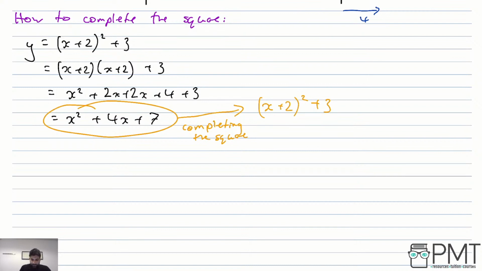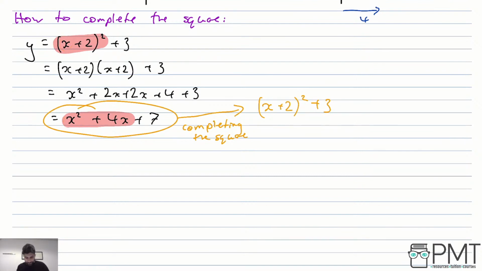To expand the bracket, I started with x plus 2, and if you compare this to this expression, you can see that to find the first term, x squared, I have squared this term that's there.